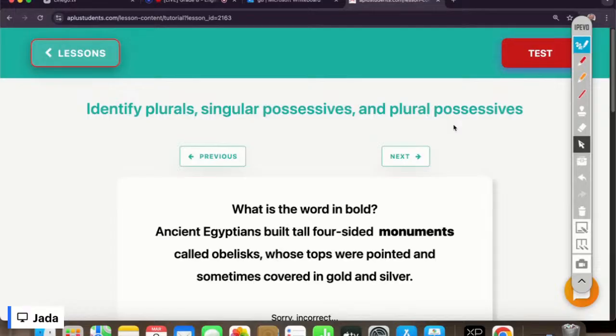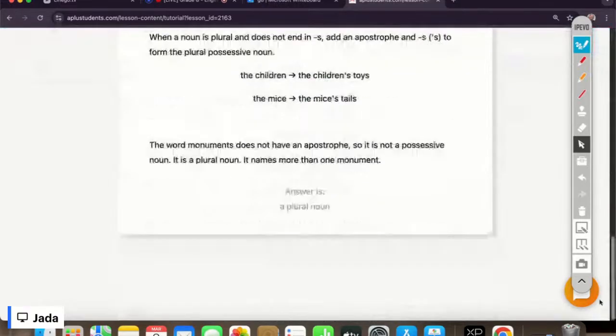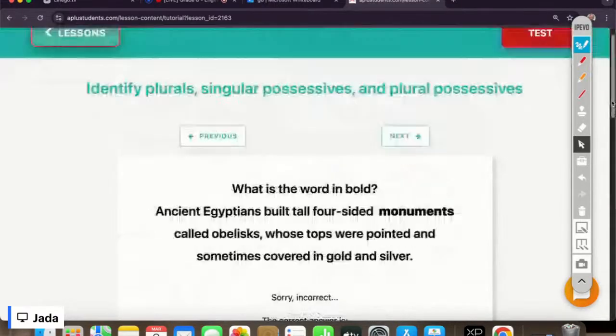Okay, so this one we just have a plural noun. Okay, it just ends with s.